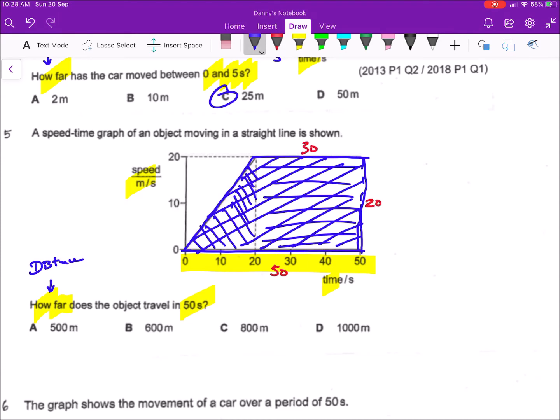If I want to find the area of a trapezium, I can make use of this formula. If you have forgotten this formula, like I said at the beginning, you can separate the area into a triangle and a rectangle. I remember the formula, so I will just use it directly. I will get the answer as 800, which is C.